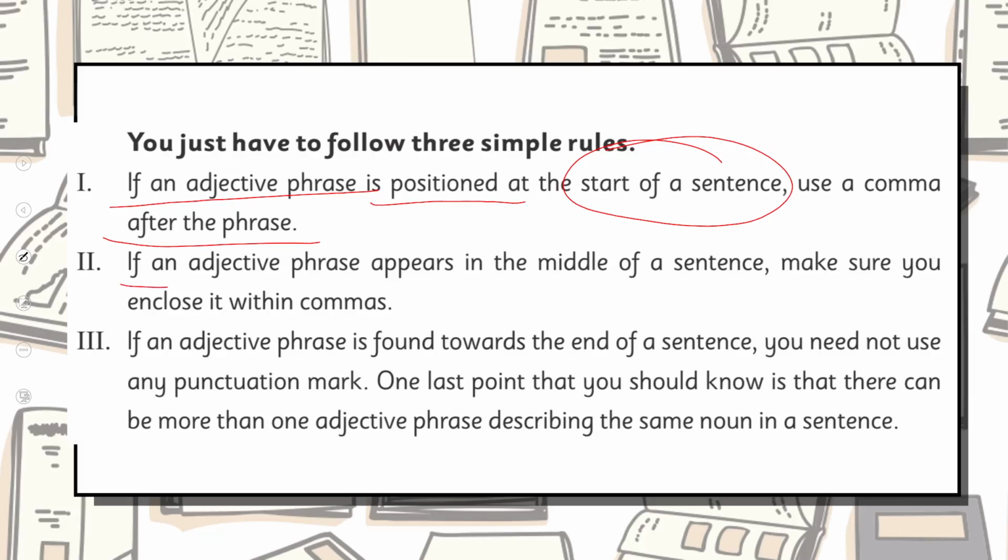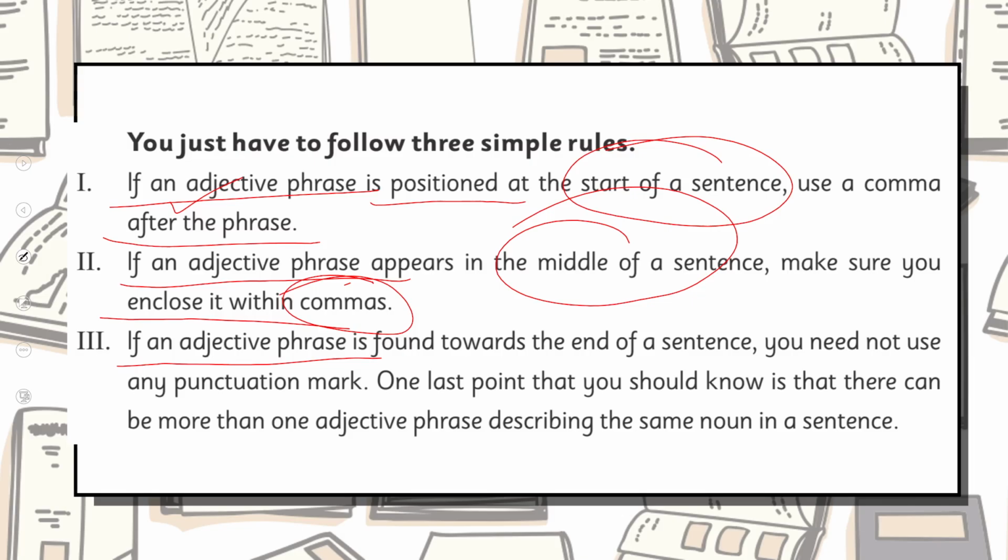And if an adjective phrase appears in the middle of a sentence, make sure you enclose it with commas. And if an adjective phrase is found towards the end of a sentence, you need not use any punctuation mark. One last point that you should know is that there can be more than one adjective phrase describing the same noun in a sentence.